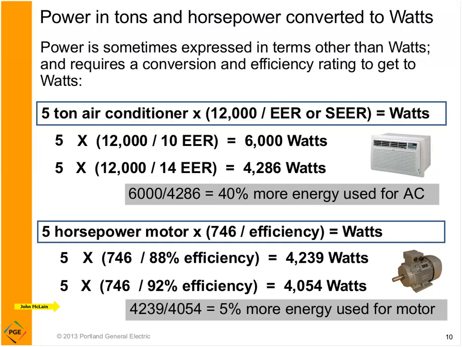If you're a large commercial or industrial customer and you've got lots of motors, fans, drills, anything running by motors, air compressors, the efficiency rating of that equipment is crucial if you have a whole lot of hours of use each year. A 5% reduction in the energy can be pretty substantial. So tons and horsepower can be converted to watts with these formulas.